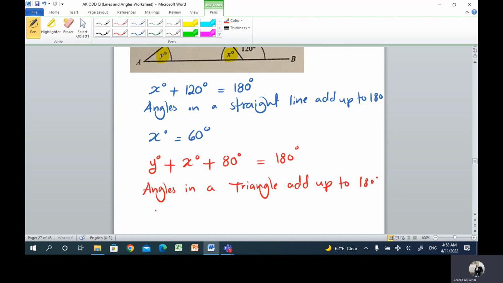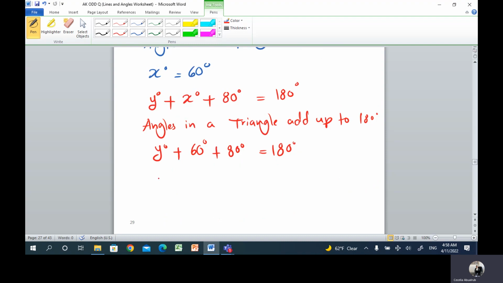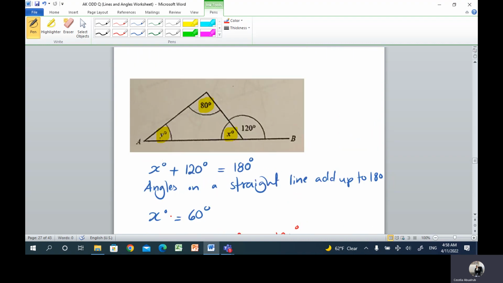Okay, so Y is the unknown, plus we found x as 60 plus 80 is equal to 180. And if you simplify the left side, so y plus 60 plus 80 is 140, and it's equal to 180. If you apply opposite operations by subtracting the 140 from 180, then y is going to come down to 40 degrees. How do you check?